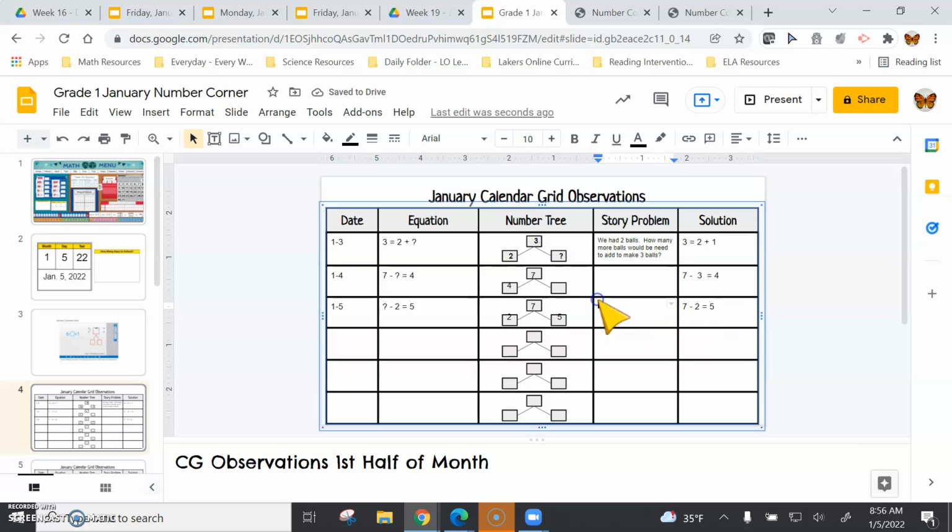And then we can write a story problem about it. I had 7 pencils.